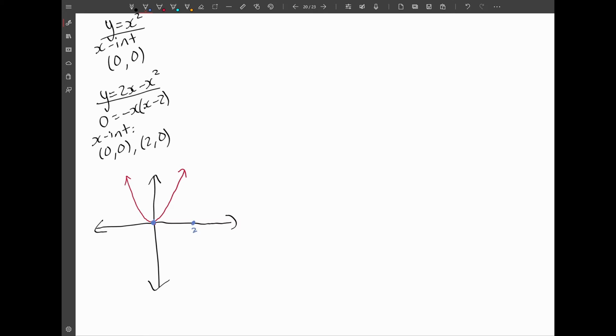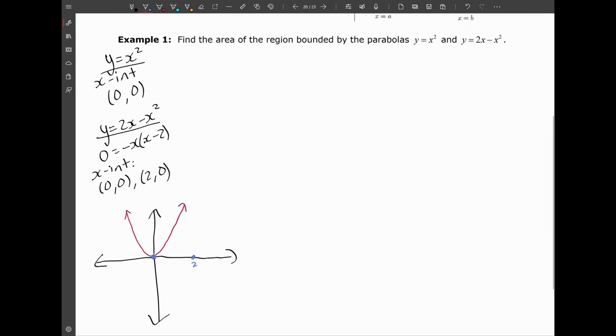And we also want to find one other thing about these. That's their intersection. So we want to check if there's any place where the two curves intersect. To do that, we just set the functions equal to each other. When is x squared equal to 2x minus x squared? So we move everything over to get it equal to 0, because that's how we do these things.